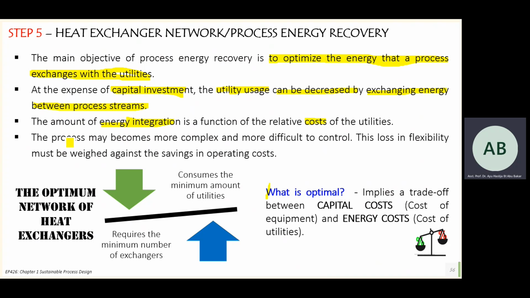Or the process may become more complex and more difficult to control. So this loss in flexibility must be weighed against the saving of the cost. Basically, heat integration and energy recovery mainly focus on optimizing the energy and reducing the cost.